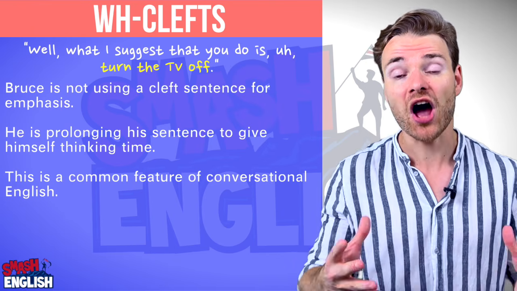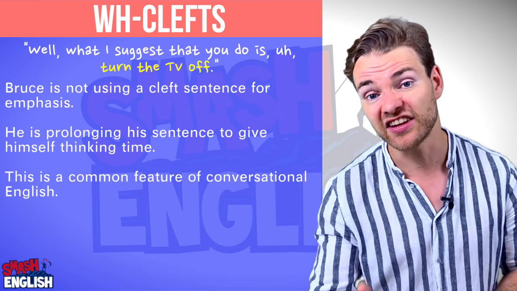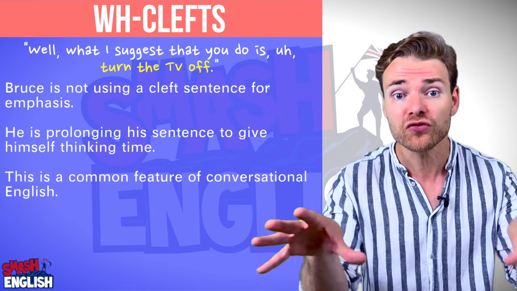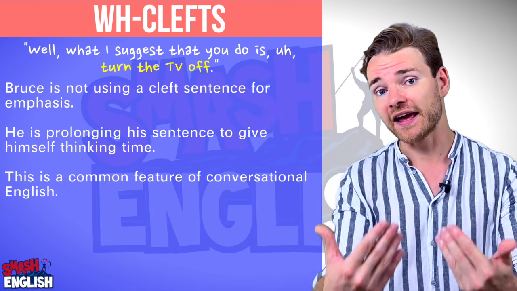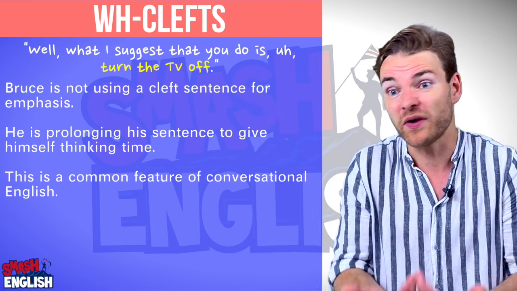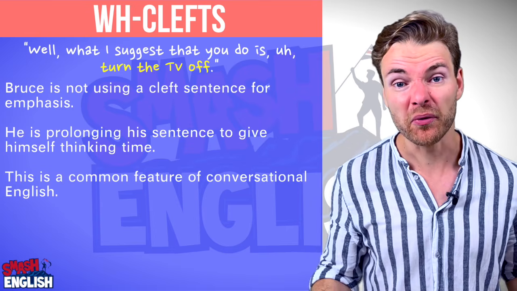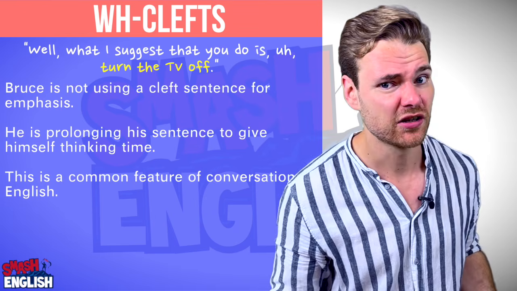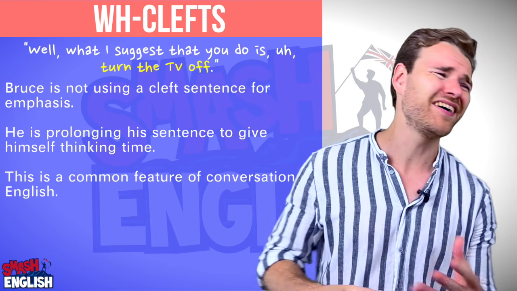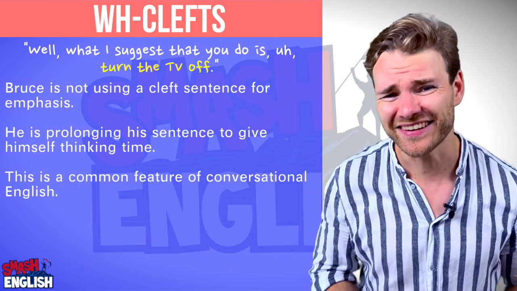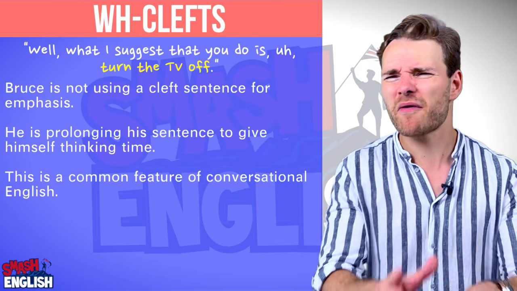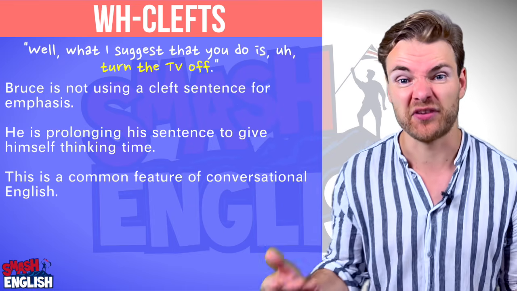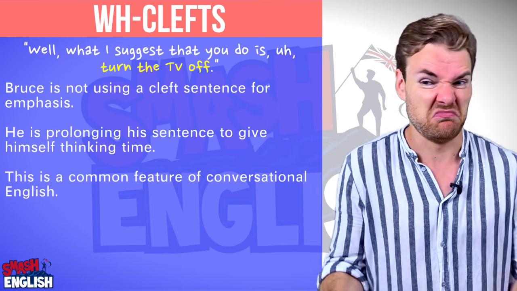It signals to other speakers that we are initiating our turn to talk. It prevents them from interrupting, but it also gives us time to formulate our response, or what we are going to say. For example, what do you think about studying without Smash English? Well, what I think is that, studying without Smash English is terrible. However, you wouldn't need a cleft here because you would very quickly say, it's terrible, because that's obvious. You don't need to think about it. Duh.